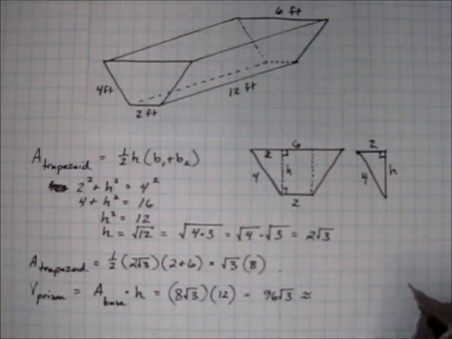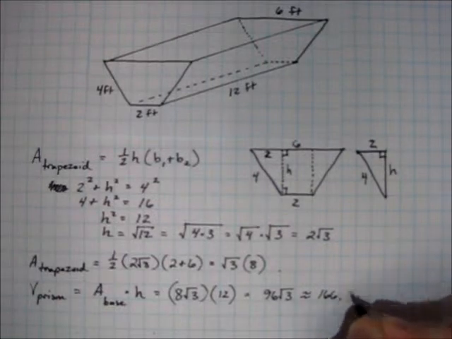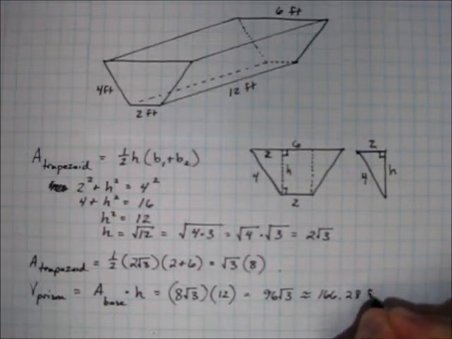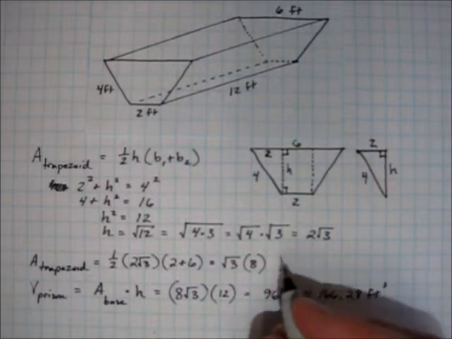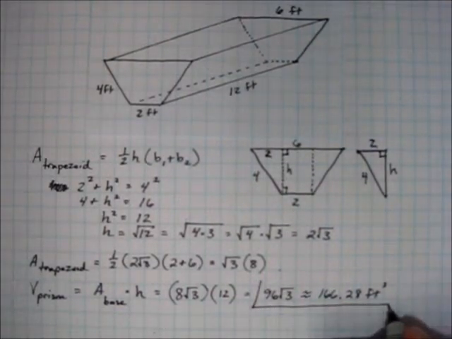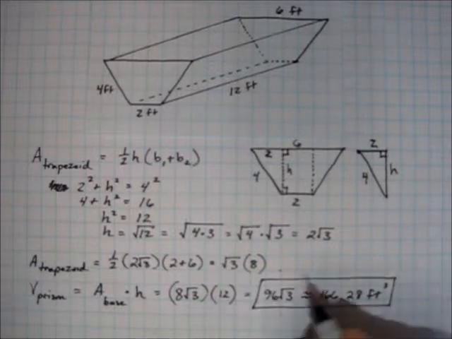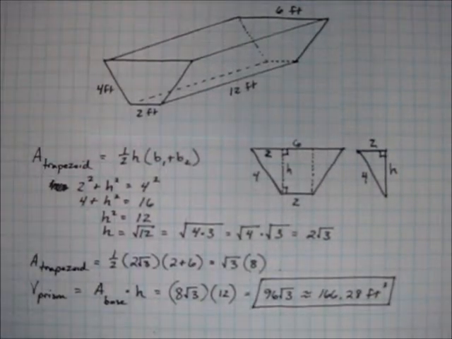So this is approximately 166.28 cubic feet. And either the exact or the approximate value at that point is what our final answer is. And that's the answer to part A of this problem.